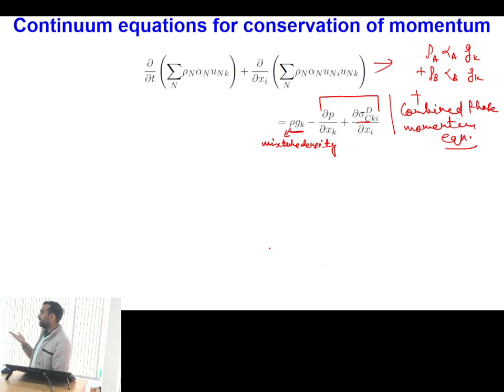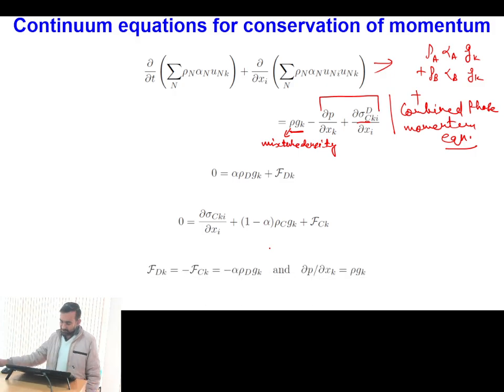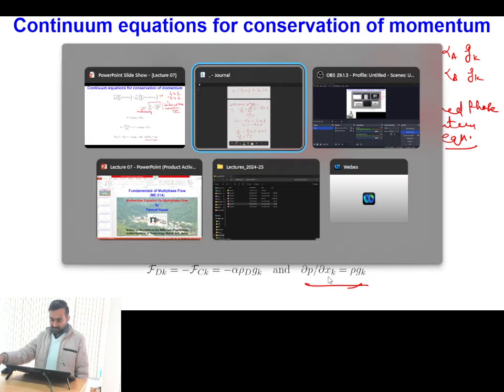Upon neglecting, the solution has become easy, but once we consider all the terms, the solution will be complicated. Is this one clear? For this situation, these are the equations and this is the final expression. Already I have derived it. Okay, now let's stop and we'll discuss further in the next class.